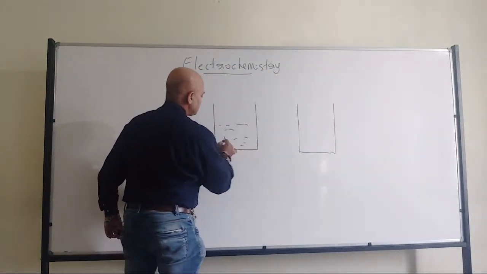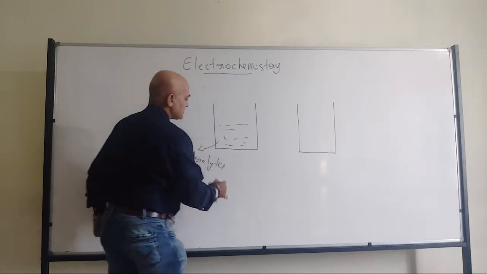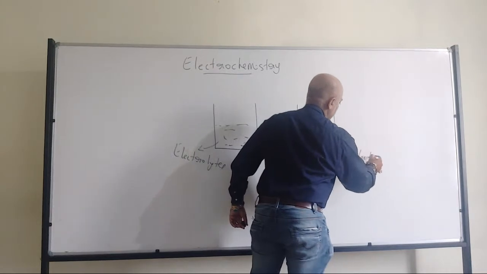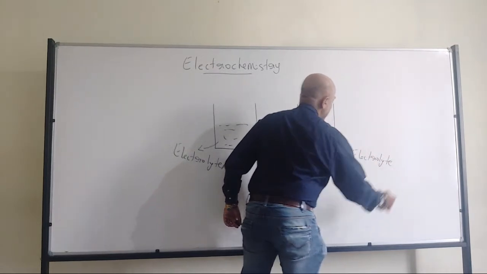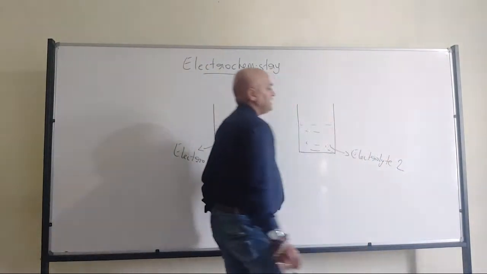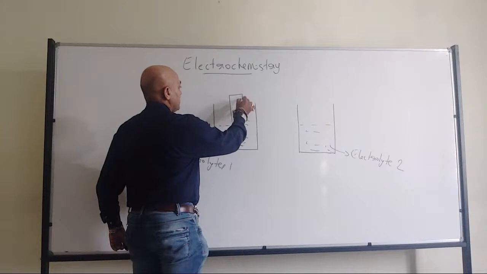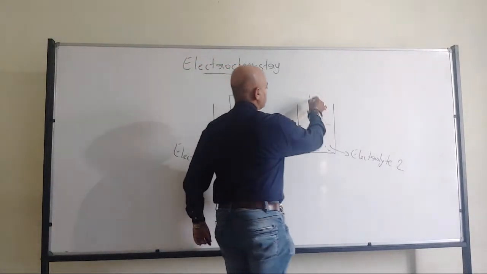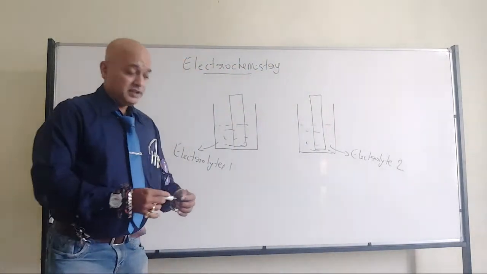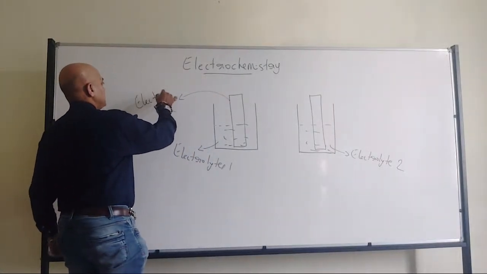I will call this electrolyte 1 and this electrolyte 2. These solutions will have electrodes, a metal rod dipped into them. There will be a solid material dipped into them, which we call an electrode.